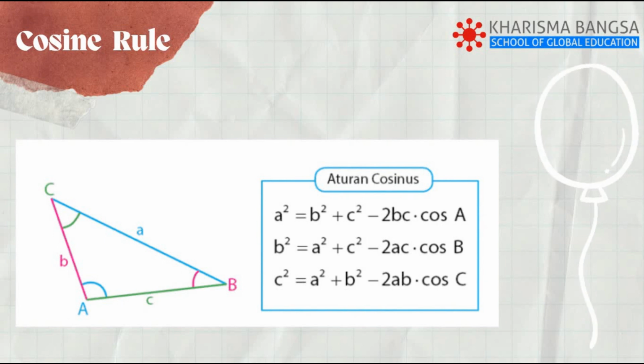Trigonometry concept includes cosine rule. It's a bit straightforward. In this example, lines are indicated with lowercase letters and angles are indicated by capital letters.